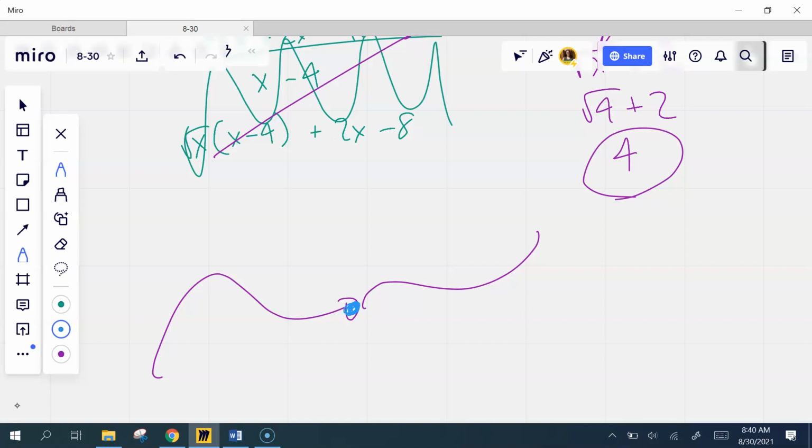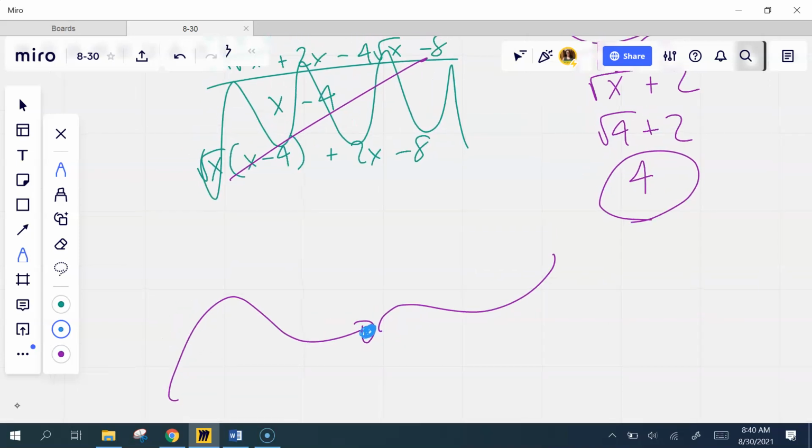What you're really doing is finding the limit as you approach that. Remember, the limit doesn't have to be the same as the function value. But it's basically testing your knowledge of continuity. To be continuous means the limit as it approaches from both sides equals the function value itself.